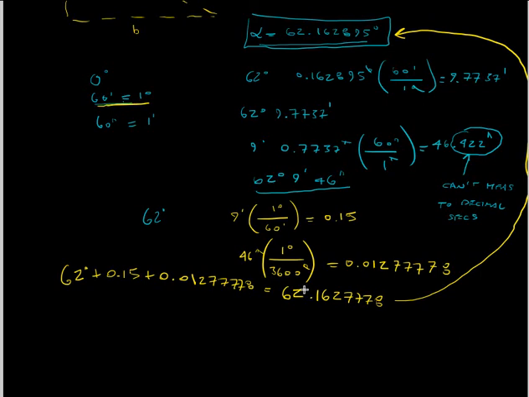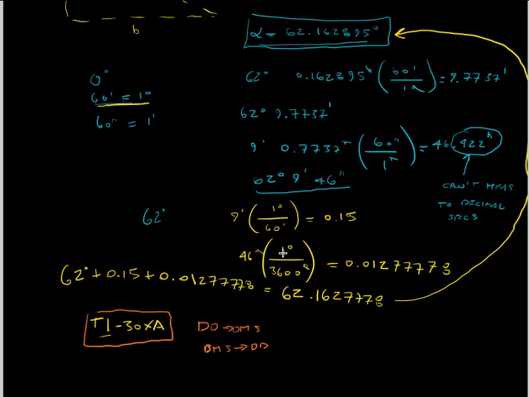62.162895, and in DMS, 62 degrees 9 minutes 46 seconds. Yeah, that's what I'm getting on my calculator. I have a TI-30XA calculator, Texas Instruments, and if you're going to be surveying, this is a good calculator to use, because it has a decimal degree and a DMS function, so you can go from DD to DMS, and then from DMS to DD with one function.